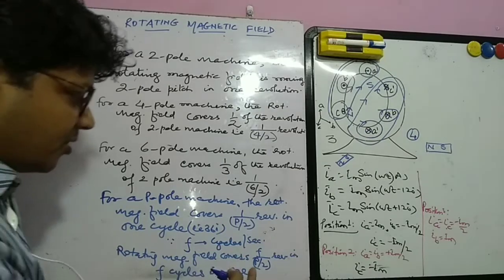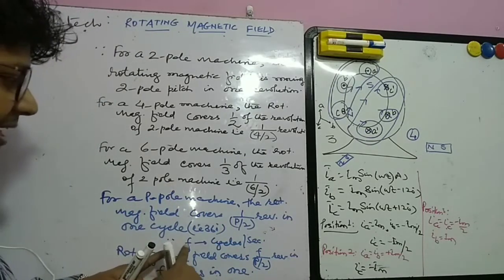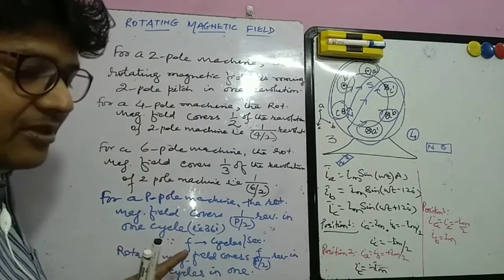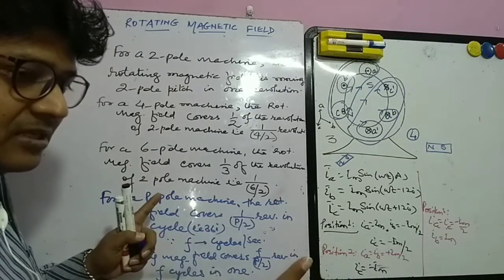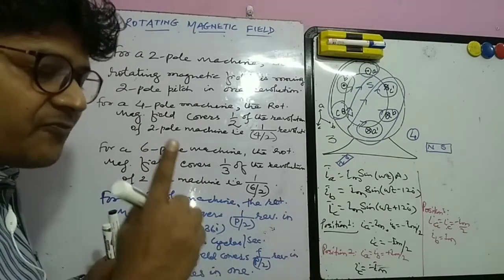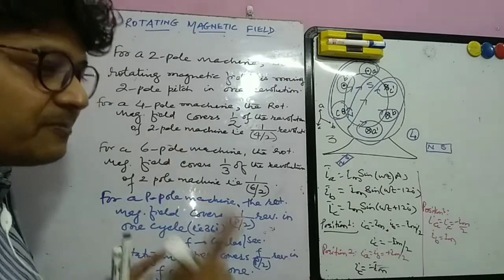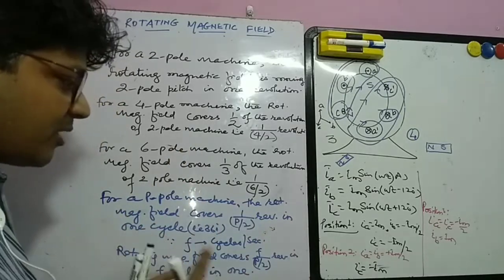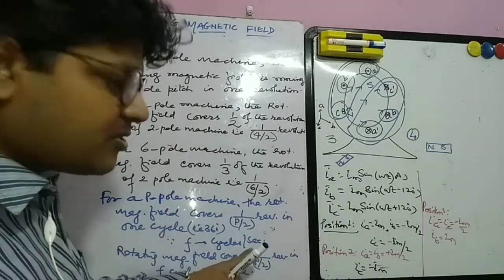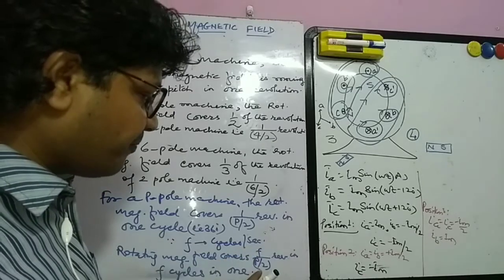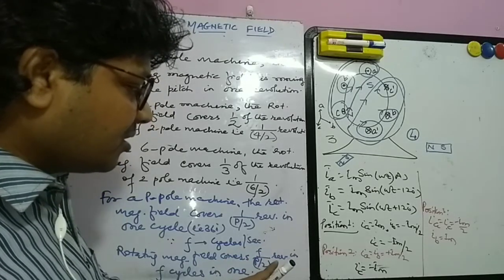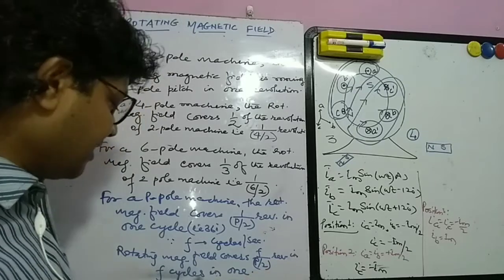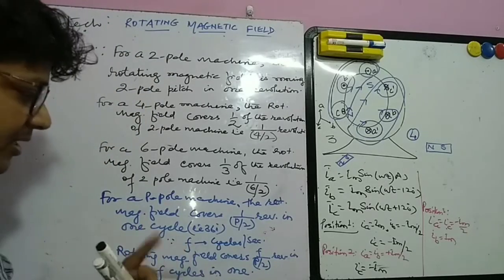In our AC, f is the frequency, that is 50 hertz, which means 50 cycles per second.